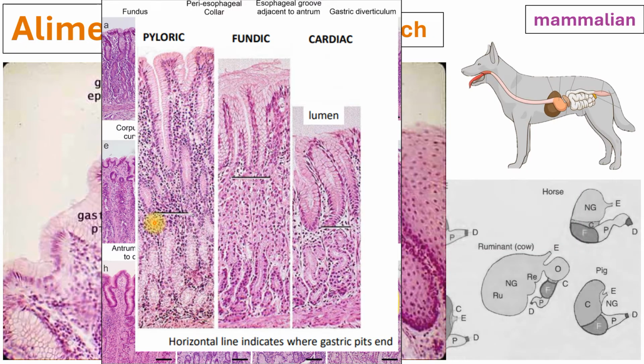In general, your cardiac region would have the shortest gastric pits and thinnest stomach glands, while your fundic region would have the most well-developed glandular area, and then your pyloric area would have the deepest gastric pits. But all of them in general would have the glandular area as well. Again, no villi.